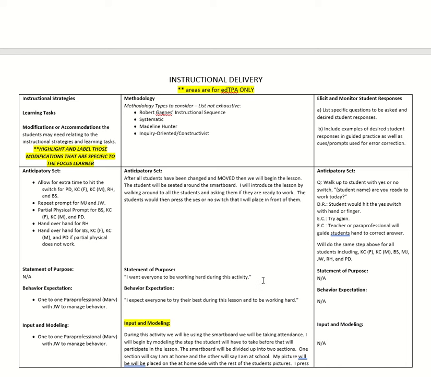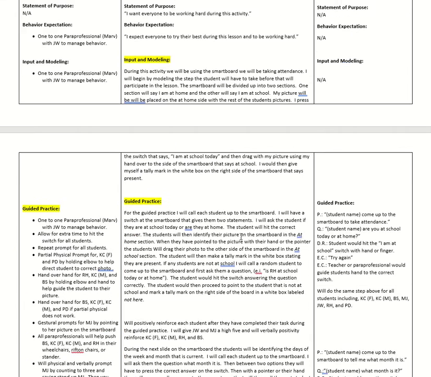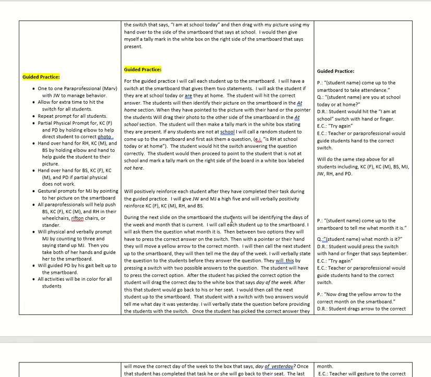And then if we want to move on to the multiple means of action and expression, let's look here at the guided practice. I'm looking at the physical action, vary the methods for response and navigation, and optimize access to the tools and assistive technology. If we look up here, this is where they are doing the physical action on the smart board, and here as well.